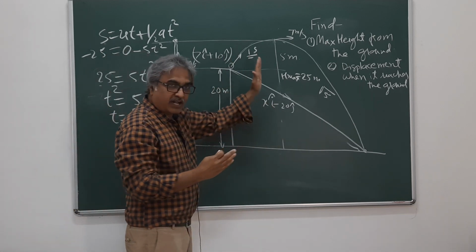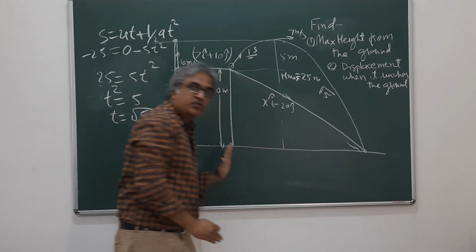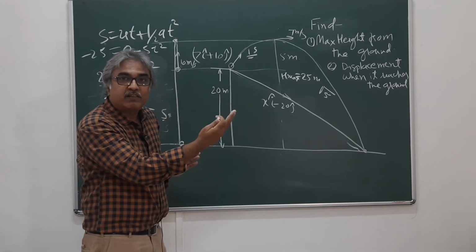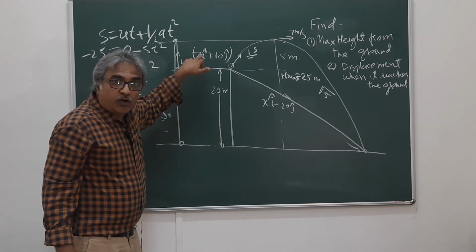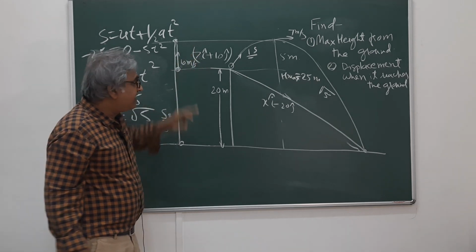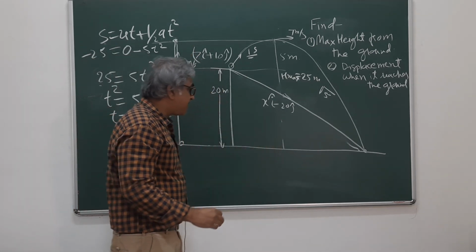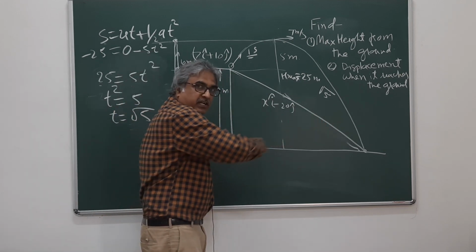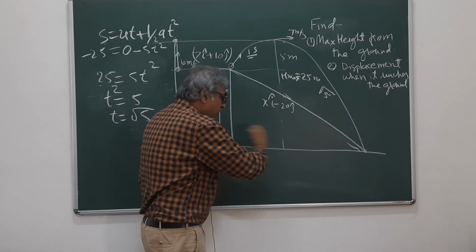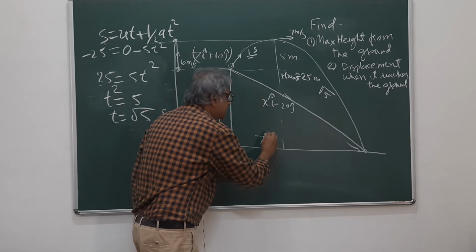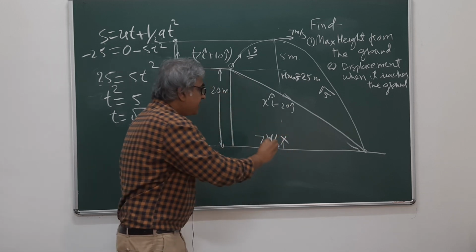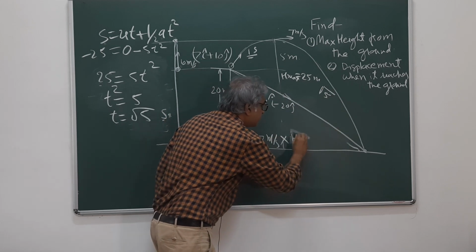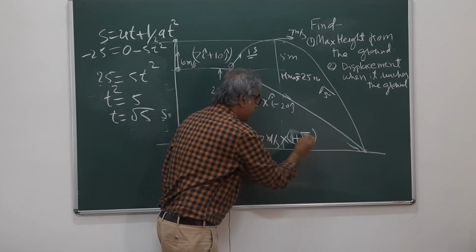Once we have found the total time, then finding the total horizontal distance is easy. How much will that be? That will be time into horizontal velocity, which is constant. Horizontal velocity is 7 meters per second, right? So the total horizontal displacement, actually I should have said displacement, by the projectile is velocity, which is constant, 7 meters per second, into time, which is 1 plus root 5 seconds.